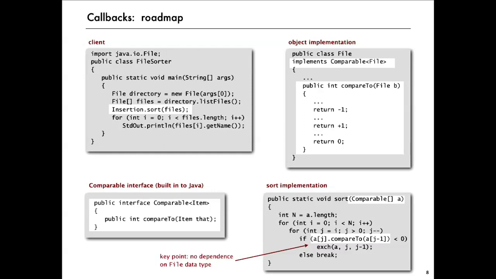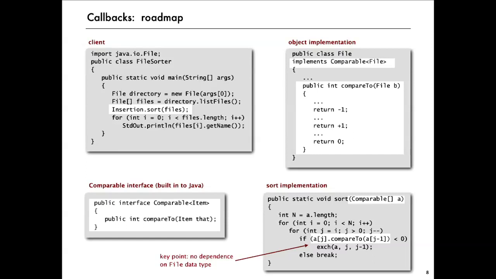First, it says that it's going to take as argument an array of type Comparable. So that means the objects in the array are going to implement the comparable interface, or that they'll have a compareTo method. And then the sort code can just use that compareTo method invoked on an instance of the object, like an entry in the array, and as argument another instance, like another entry in the array, to test whether the first is less than the second, as in this example.